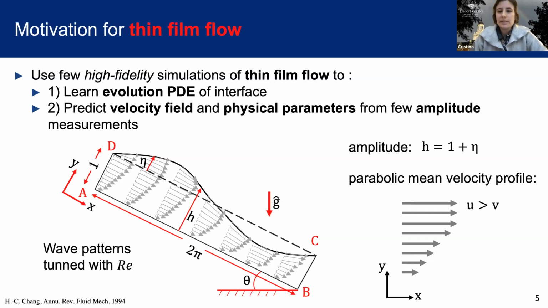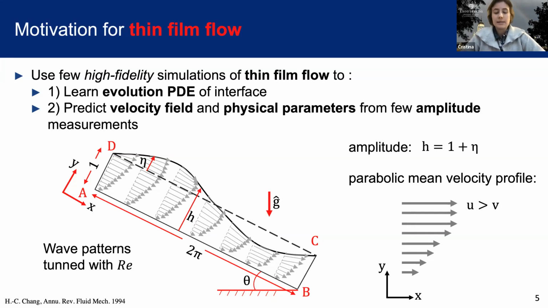We perform simulations of this type of thin film flow. In our case, we consider a vertical plane, and we solve Navier-Stokes, but we know that it is numerically expensive, so we collected this high fidelity data.